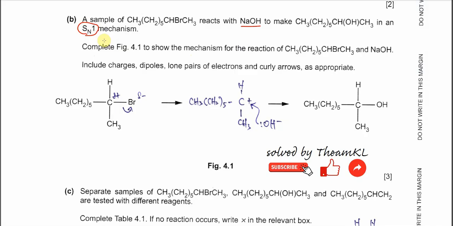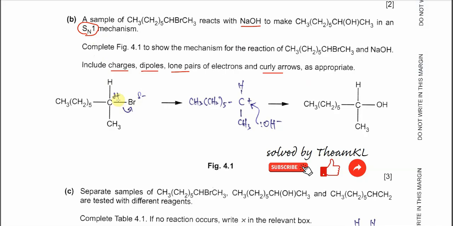The first step, which is the rate determining step, must involve one species only. You must include all the charges, dipoles, lone pairs of electrons, and all the curly arrows. Because it's SN1, we involve the halogenoalkane only, without hydroxide.